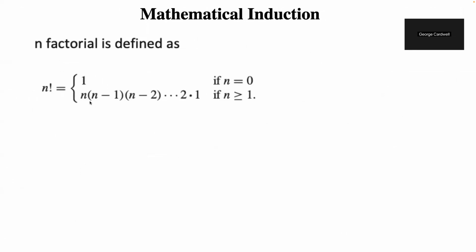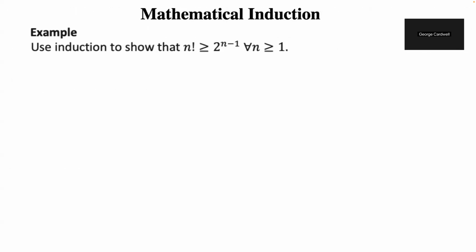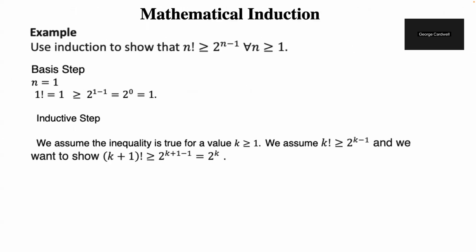Well, I could also say n minus 1 times n minus 2 down to 1 is n minus 1 factorial. So n factorial could just be written as n times n minus 1 factorial. And that's what we're going to use here. So that's just using that fact.